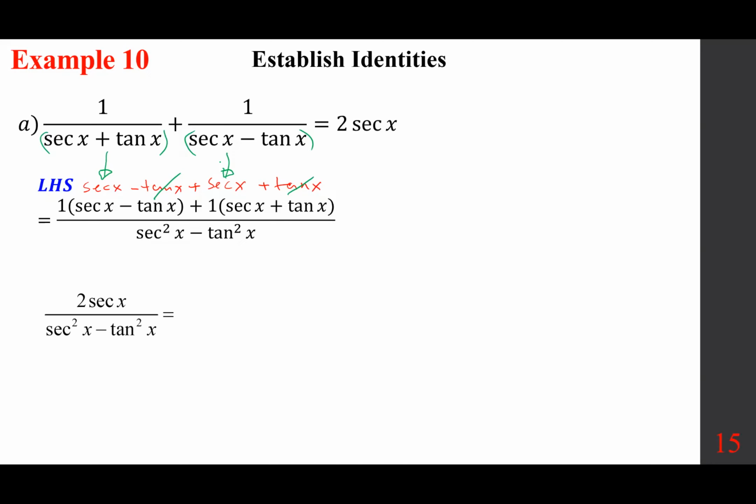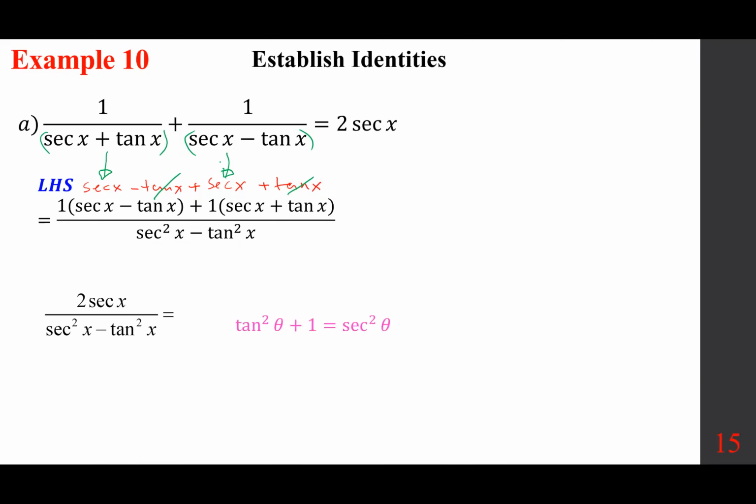Now, as far as the denominator is concerned, I'm going to remind you of one of the Pythagorean identities, which says tan squared plus 1 is secant squared.